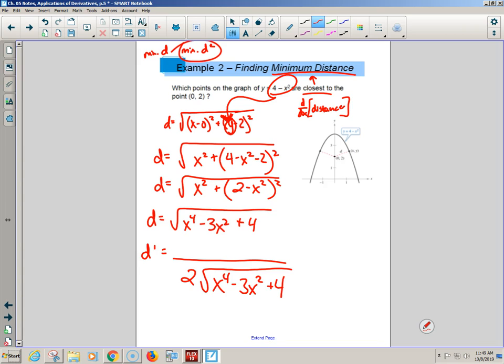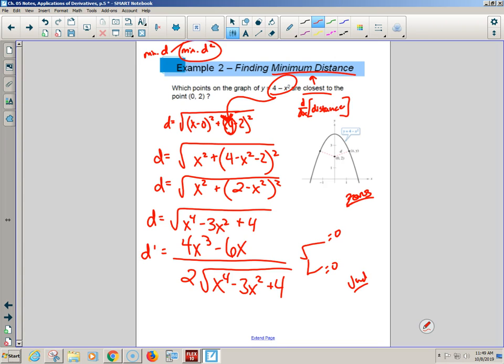And what's my u? 4x cubed minus 6x. What's my goal in taking a derivative? Critical numbers. And to find the critical numbers, why am I doing a pitchfork? Zeros at the top and bottom because I'm looking for both my zeros and my undefines, right?